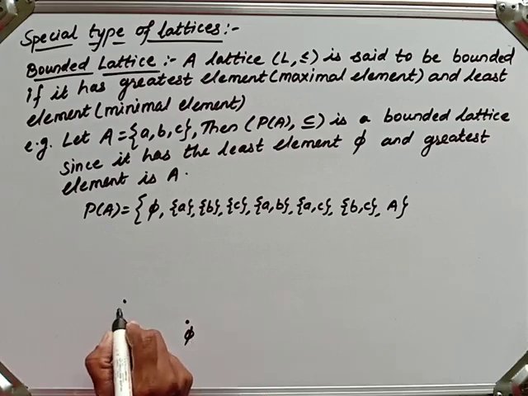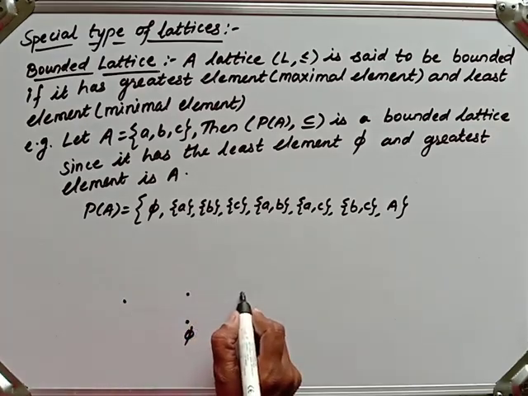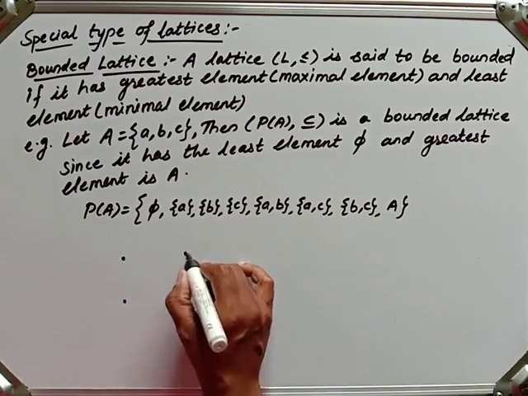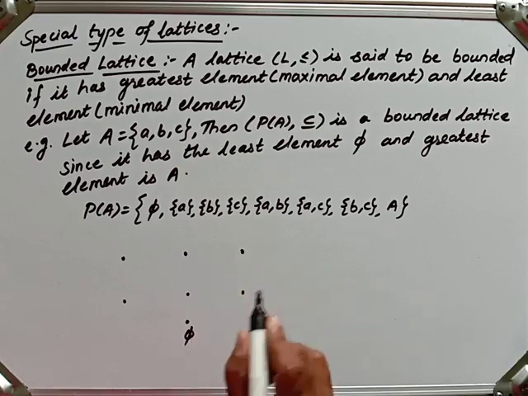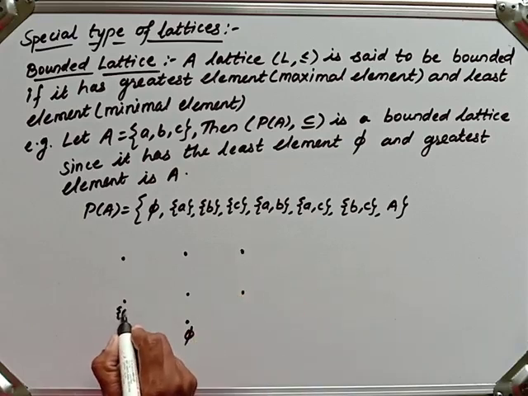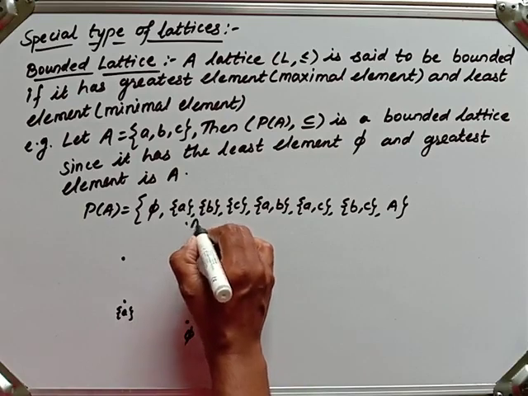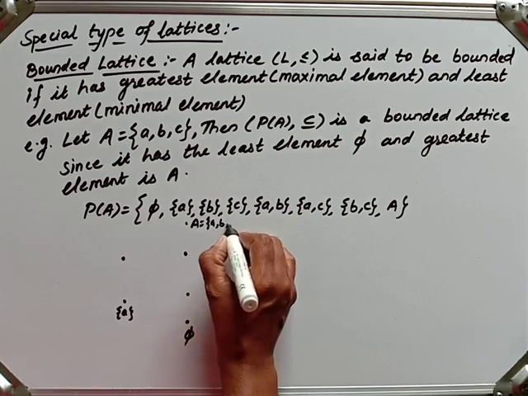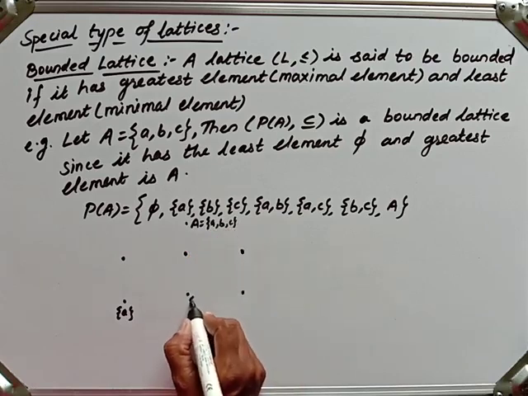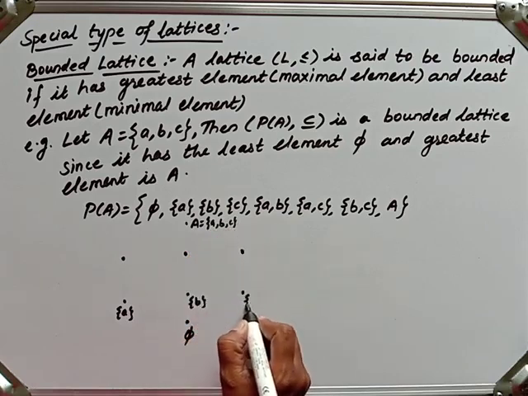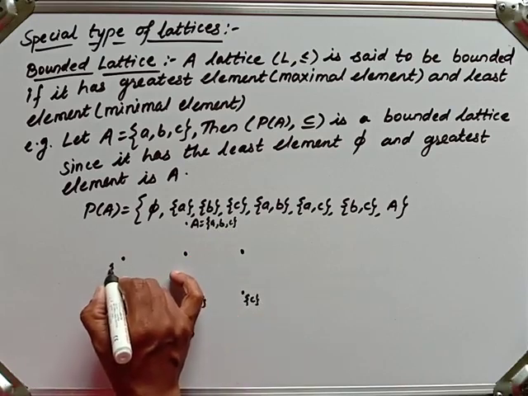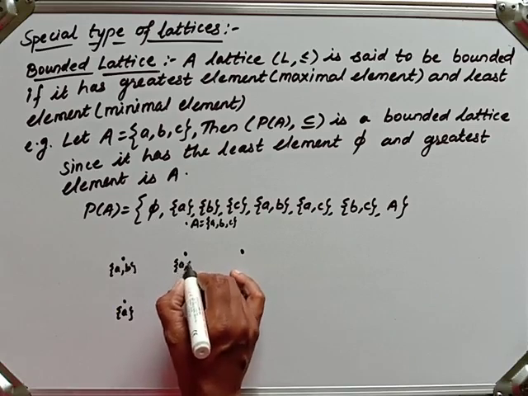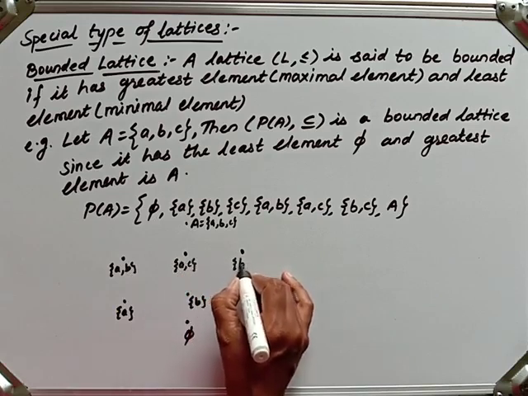Phi at the bottom, then singleton a, singleton b, singleton c, then ab, ac, bc, and at the top the set A, that is a, b and c.